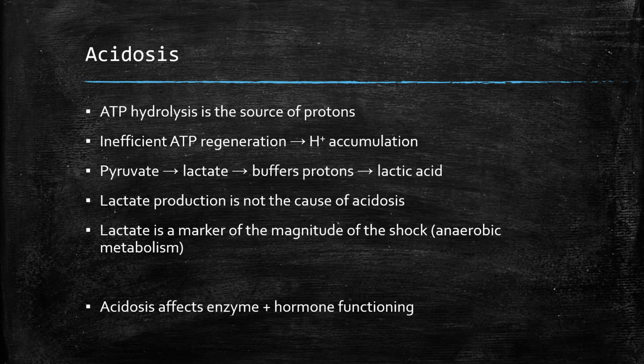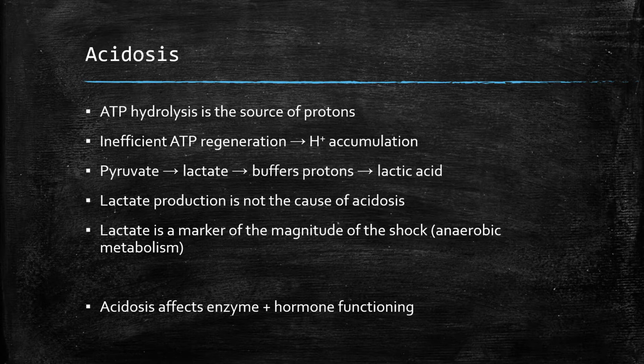But it's important to note that lactate or lactic acid isn't the particular problem. This is just something that we can measure. It's proton accumulation from anaerobic metabolism that is the issue. Now, acidosis critically affects cellular biochemistry, and that's why it's such a severe problem.